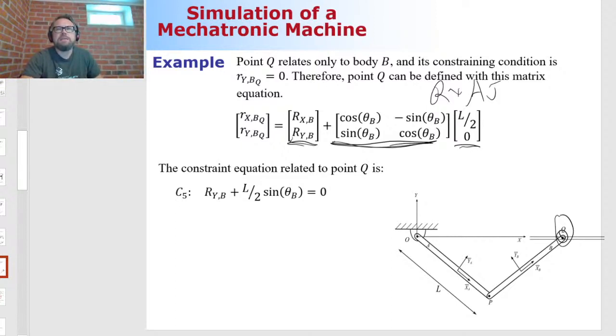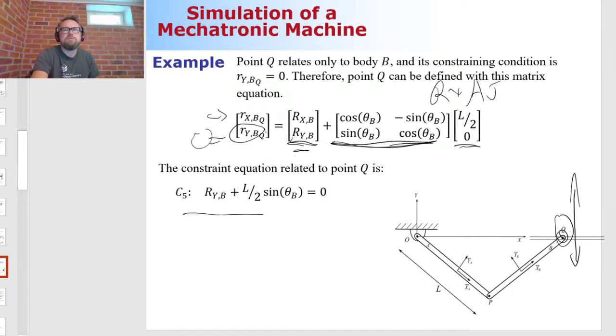Then I say that here, motion along the global y-axis is limited. This one has to be equal all the time. This one can move as it pleases, but the other one cannot. When I do the math, here's how the constraint looks.